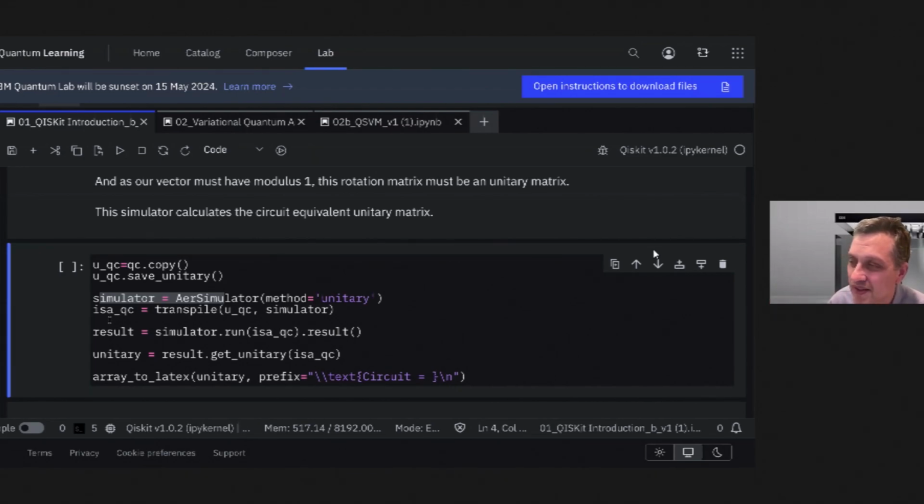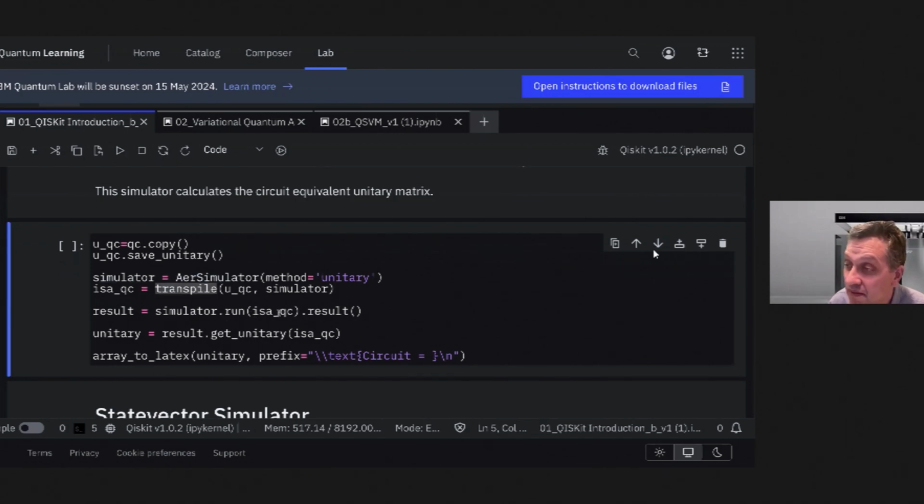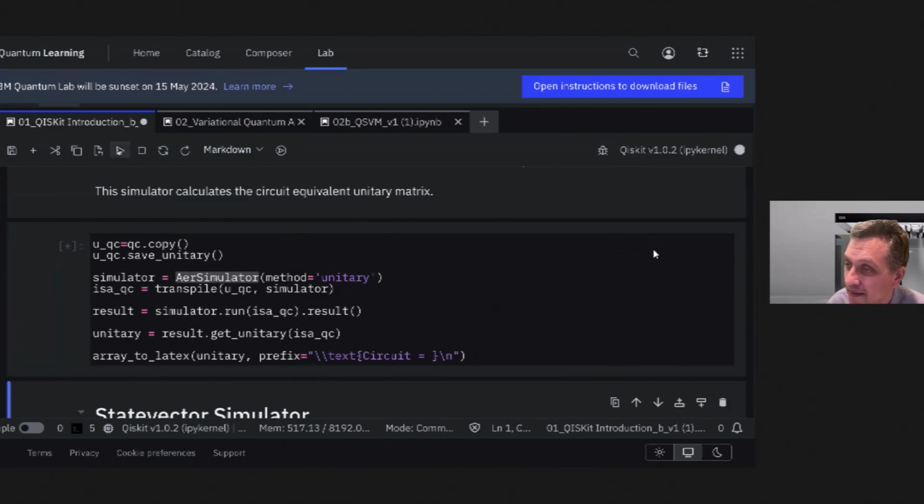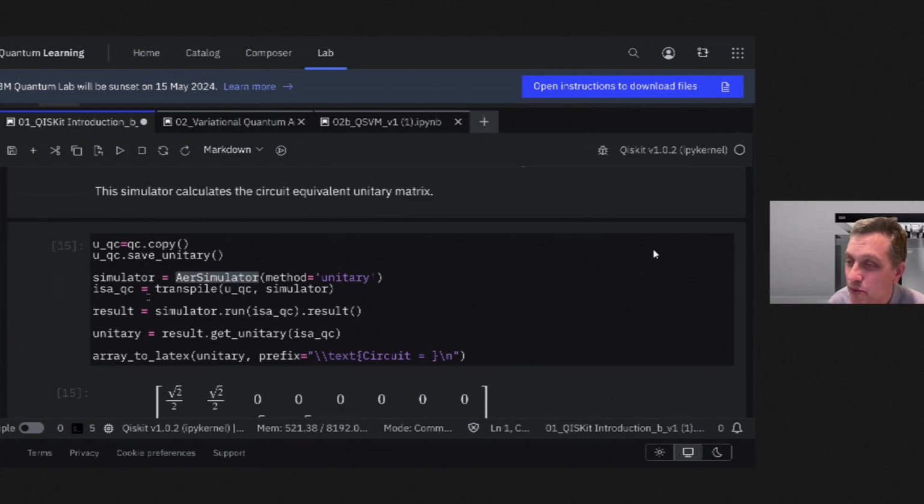What this step does is transform our generic circuit to the specific qubits and gates that the computer can run. And then we run the circuit, get the results, and in this case, we can get what this circuit is doing.